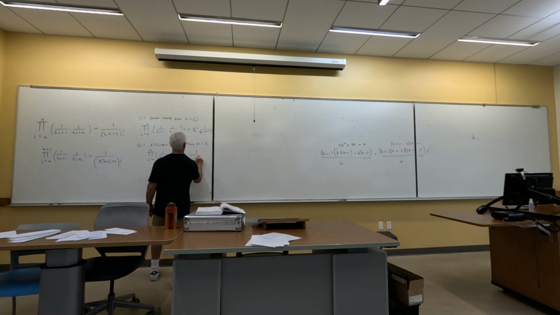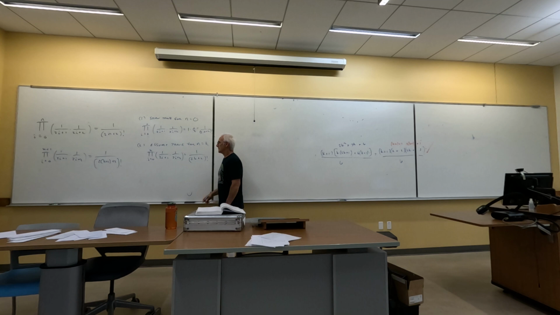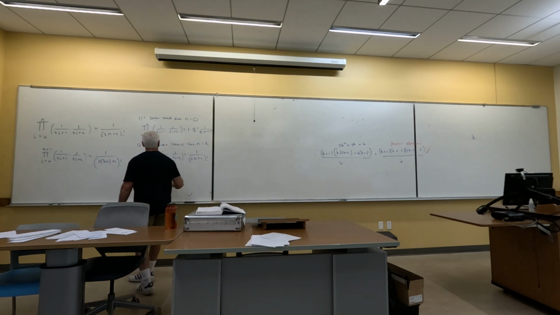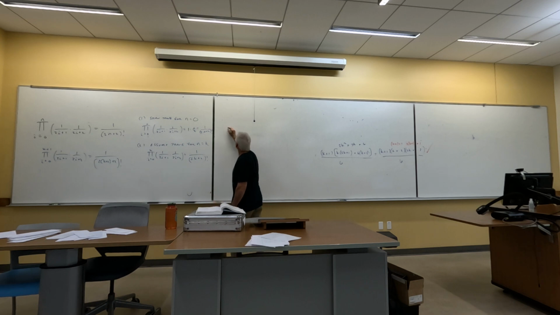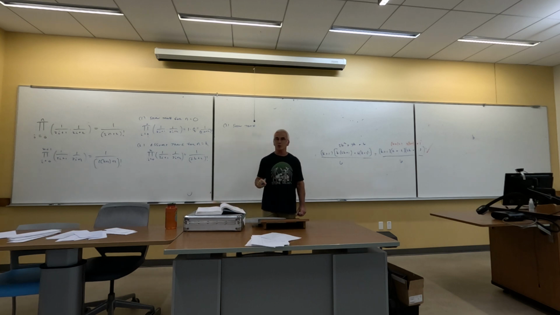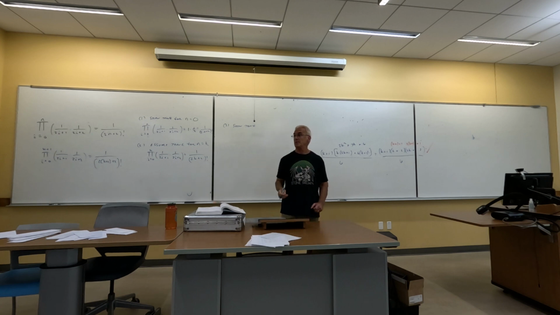Equals. Okay. But what do I know? What do I know? Well, I know that the k plus first term is not going to be added to this product. It's going to be multiplied. Oh, so it's going to look like the last problem, except it's going to be a times rather than a plus.